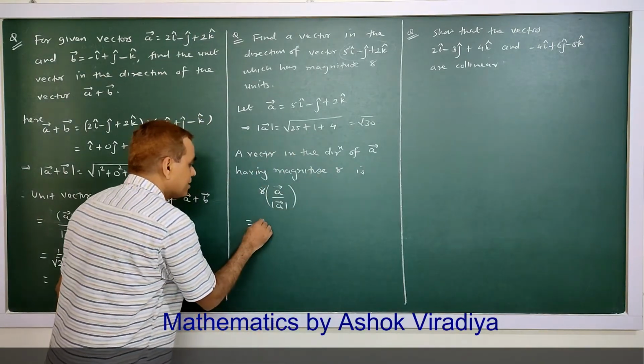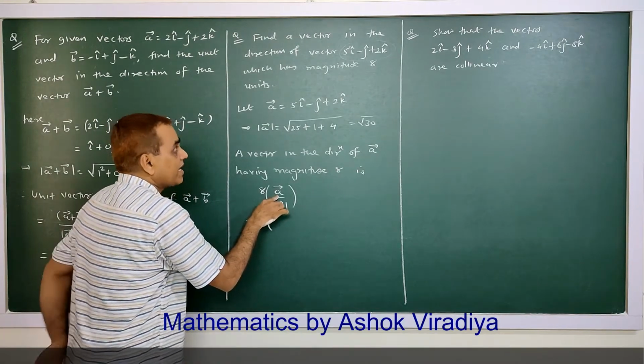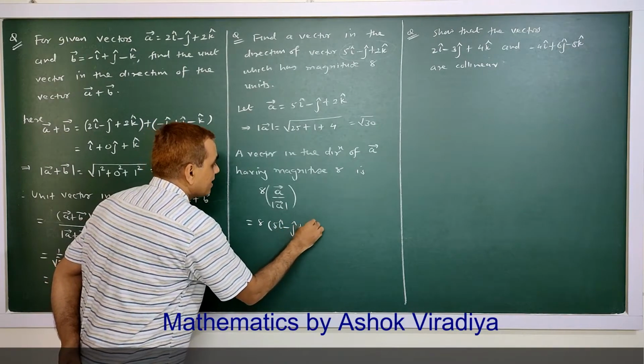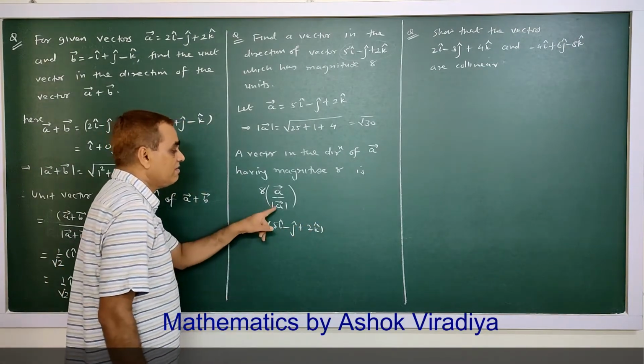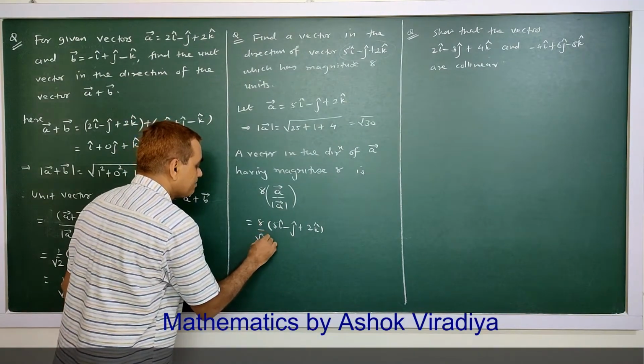So 8 times vector A is 5i minus j plus 2k, divided by magnitude of A, that is square root of 30.